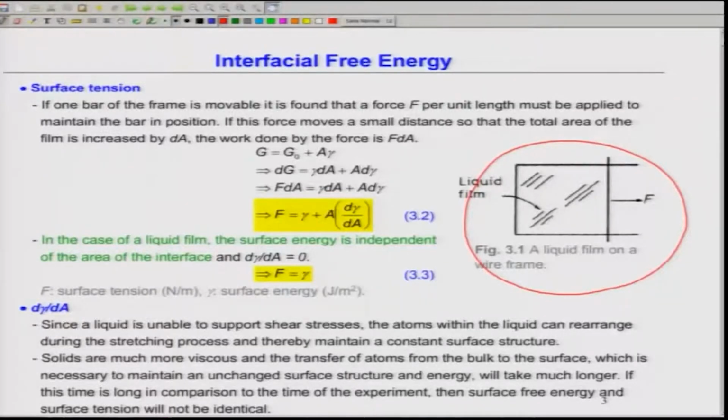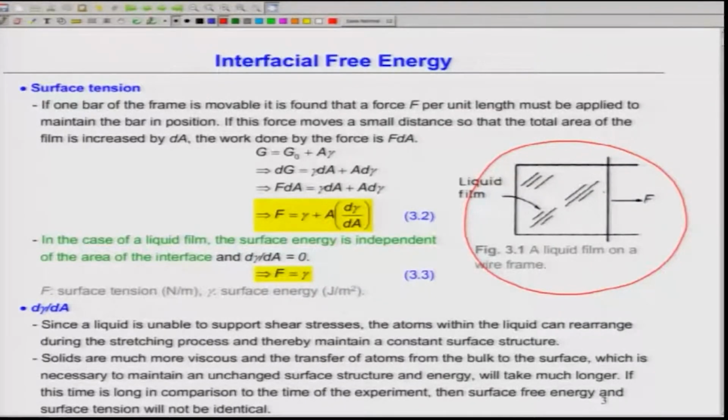One bar of the frame is movable, and the other 3 bars are immovable. By moving the right side bar with a force F, I can increase the surface area of the film, because we are changing the dimensions. So let us suppose I apply a force F per unit length parallel to this surface. What will happen?